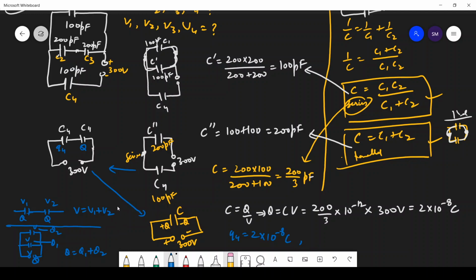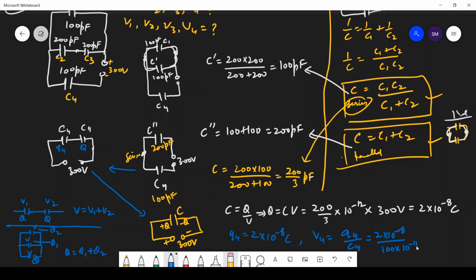And what about the voltage? In series the voltage is divided. You know Q4, so after knowing Q4 you can write the voltage. So V4 is equal to Q4 upon C4, and that is 2 into 10 to the power minus 8 upon C4, that is 100 picofarad.